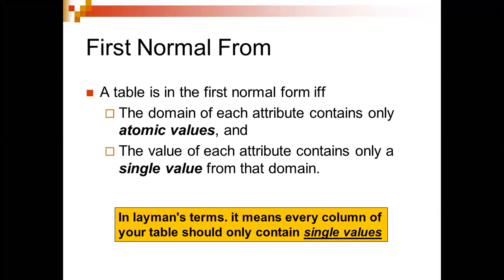In the proper definition of first normal form, the domain, no need to get confused, is that each column or attribute contains only atomic values. Atomic values means single values. So in layman's terms, every column of each table should have single values.